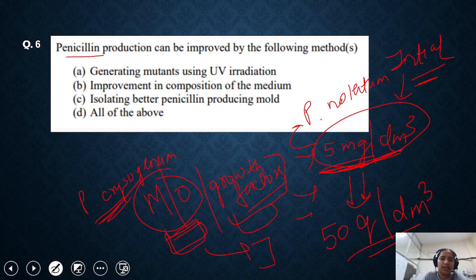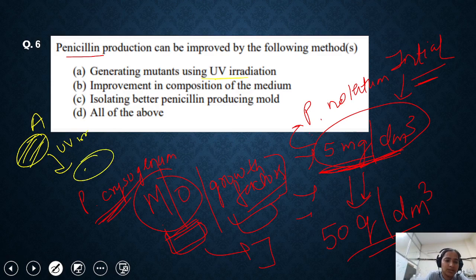It means that suppose there is a microorganism A. Okay. When you use this UV radiation, suppose there is some change in the gene of this A, and it will start forming a different type of protein or any different type of compound that is producing differently, and this will help in increasing the production.